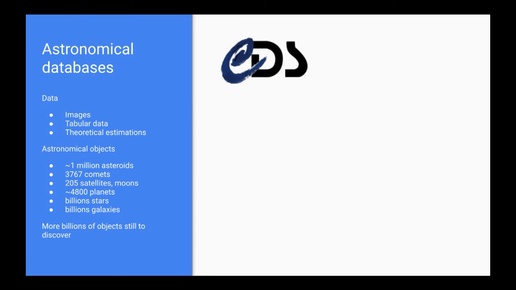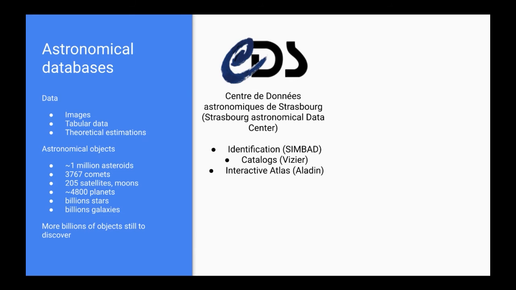One of these astronomical databases that we use is the CDS, the Strasbourg Astronomical Data Center, that can help us to identify our objects, and it also has tools for arranging the catalogs and at the same time interacting with data.